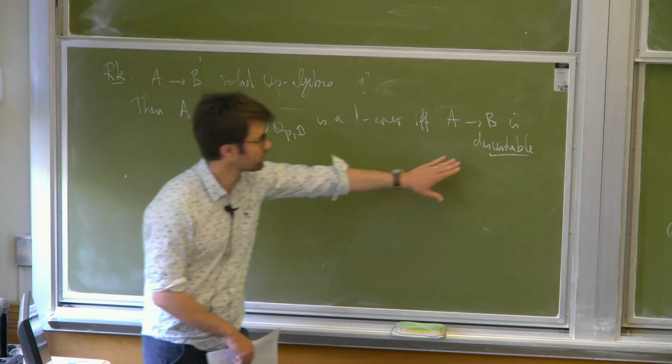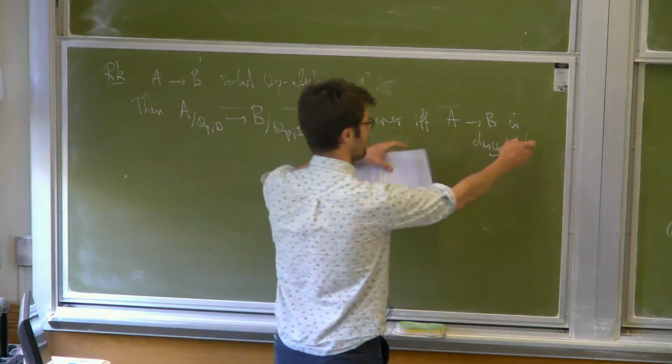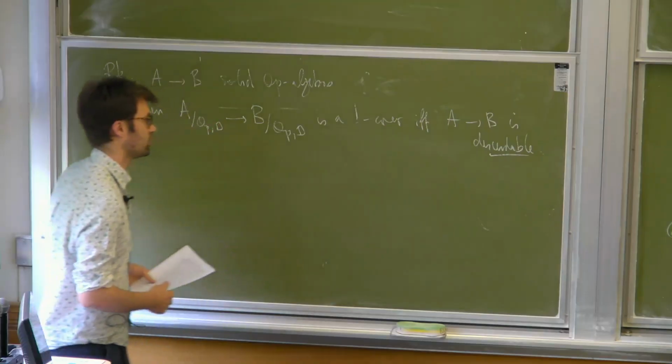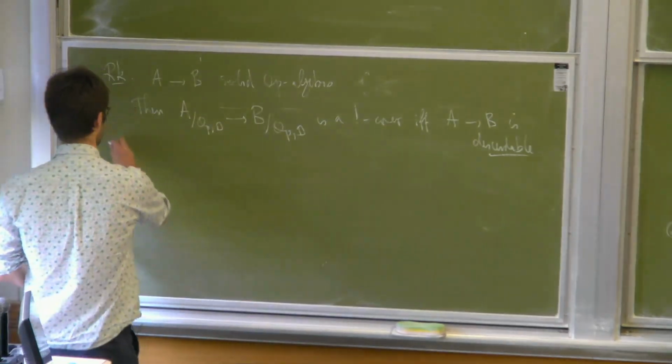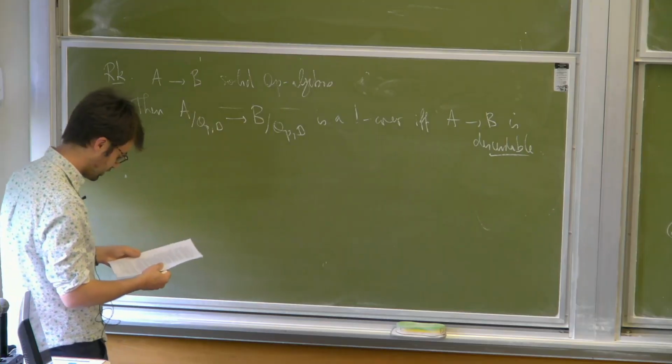That's a notion that has been introduced by Akil in a slightly different context, but which also makes sense in this setup. And yeah, so that's one example of simplification that you get by restricting to induced analytic ring structure.